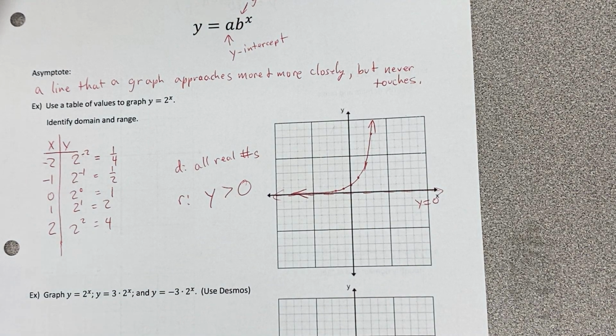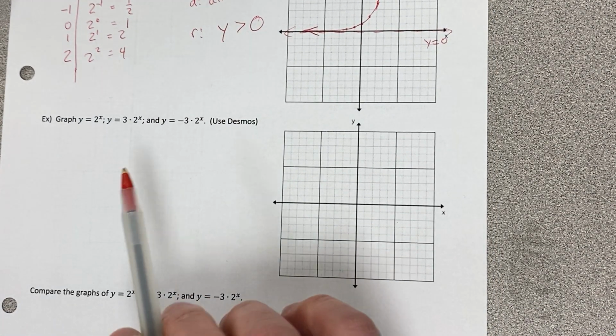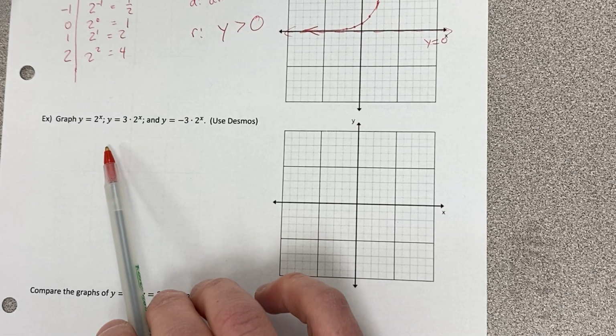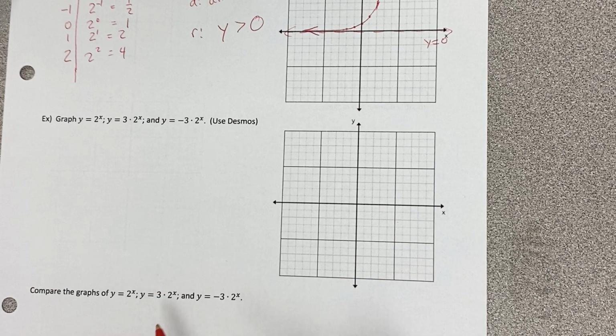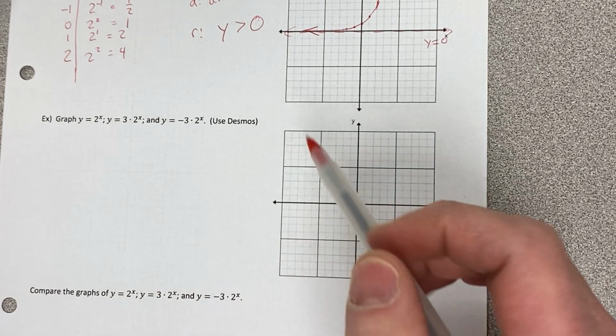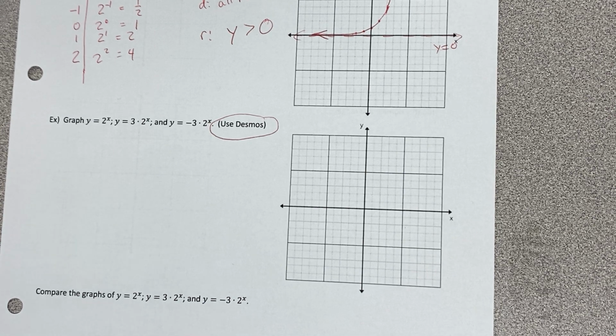All right, now what I'd like to do is manipulate the parent graph a little bit and see how it changes the graph. And I would encourage you to, on your own, go to Desmos and try this out. I'm not going to switch over to Desmos because I got my camera rigged up here, but I'll just show you what's going on.